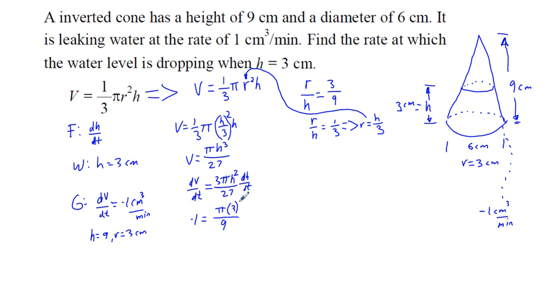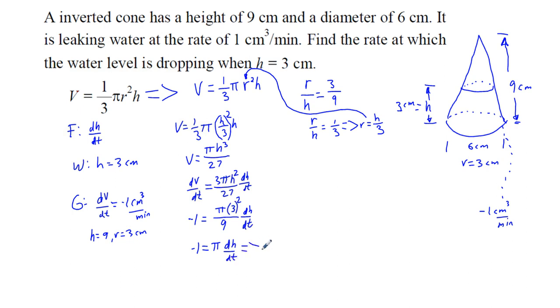So we have 3 squared, and that's going to be times dh/dt. Now our 3 squared in the numerator would cancel out this 9 in the denominator, so we're going to get -1 is equal to pi times dh/dt.